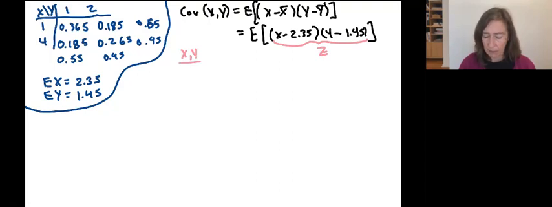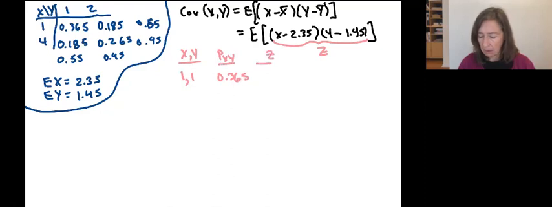So just reminding ourselves here, this is maybe more redundancy than I need, but let's be clear about every step. When X is 1 and Y is 1, that happens with probability 0.365.